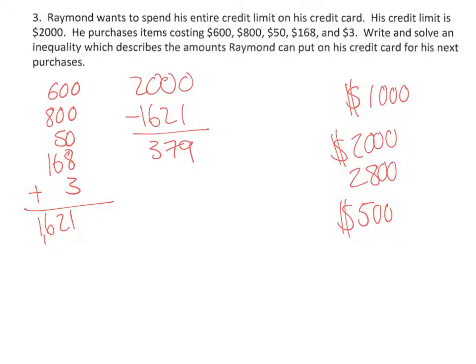So Raymond has $379. If Raymond has so far spent $1,600, is Raymond gonna spend the rest? What do you guys think? So just by learning that about Raymond, that he's already spent $1,600, he's gonna splurge, right?